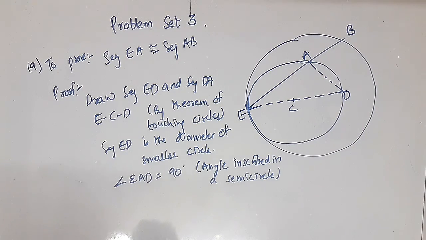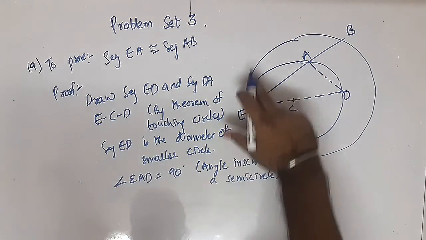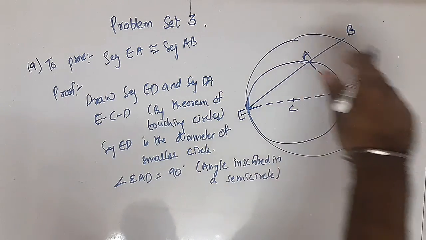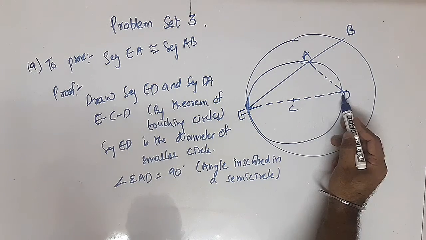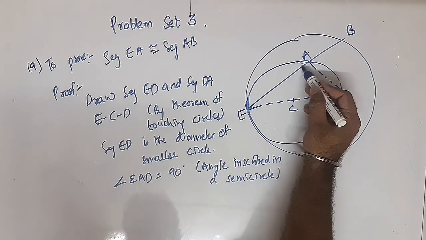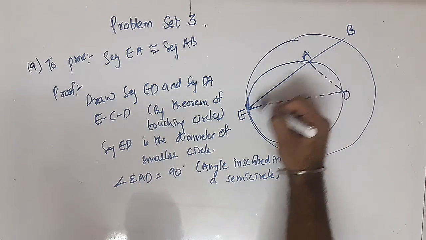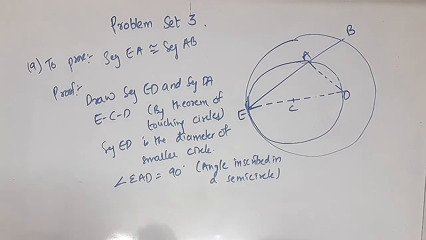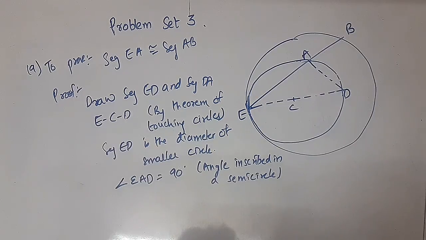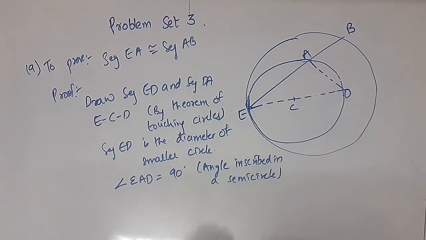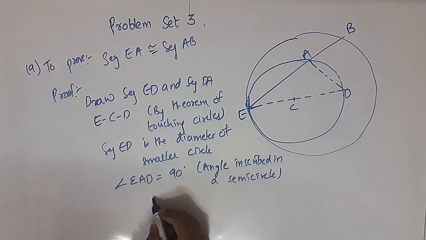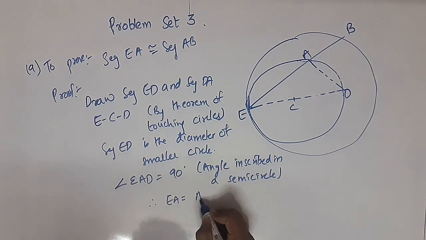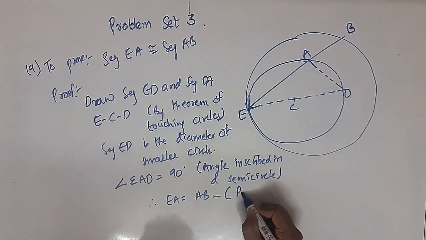Okay, so if you just look at the bigger circle now, forget about the smaller circle. If you look at the bigger circle, D is the center and this is 90 degrees now. So you have a chord and a perpendicular drawn from the center to the chord. So you can simply write here that therefore EA is equal to AB. The most important thing is the reason that you will write.